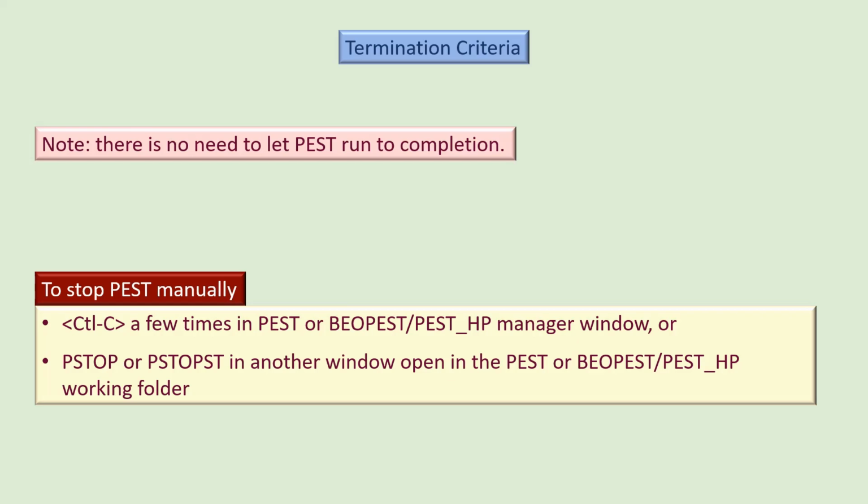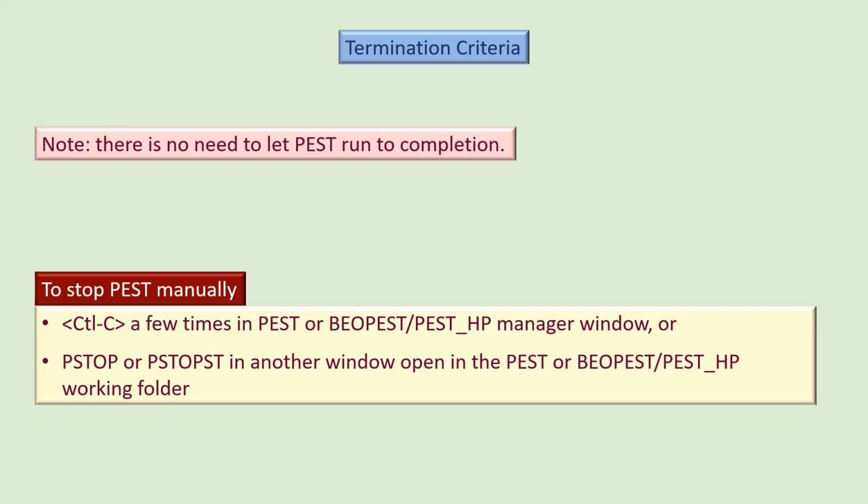To stop PEST, simply press Ctrl+C in the window in which PEST, or the run manager if you're using BeoPEST or PEST HP, is operating. Pressing Ctrl+C a few times stops PEST, and the model that's running in the same window if you're using serial PEST rather than parallel PEST.